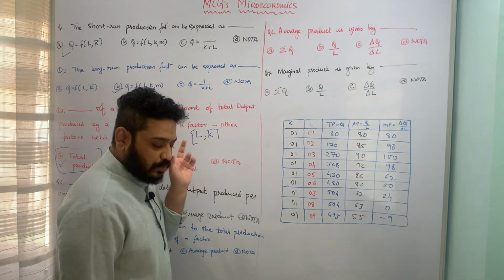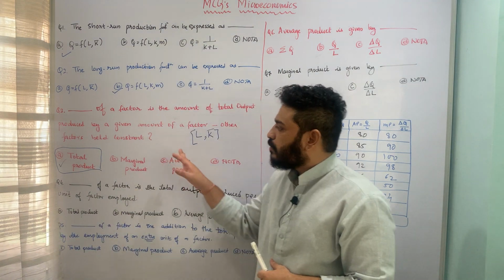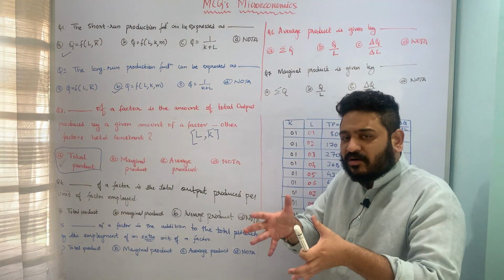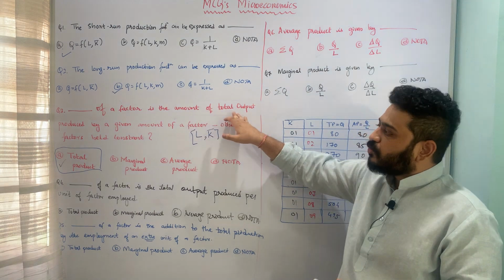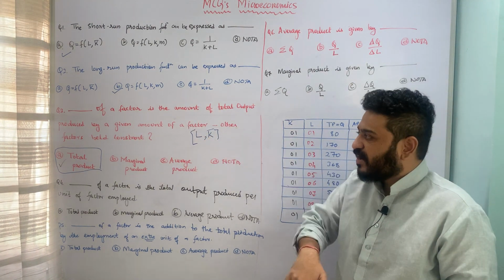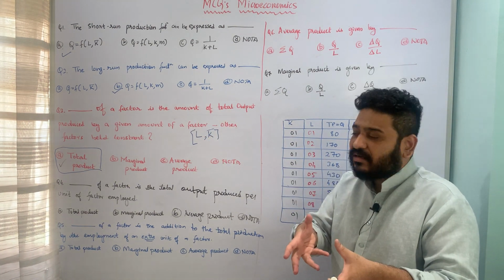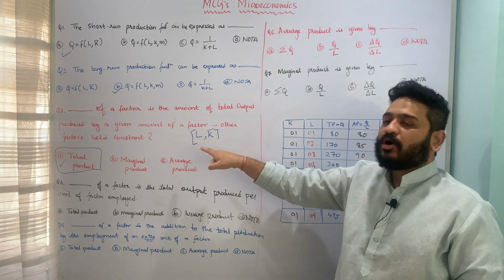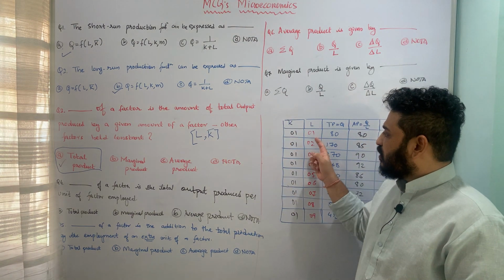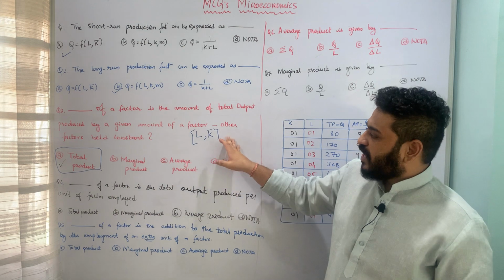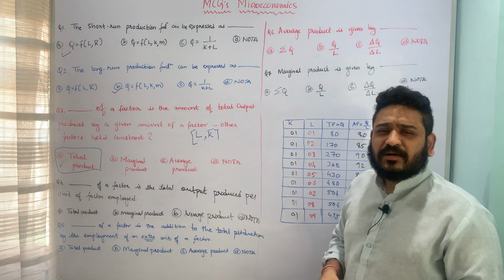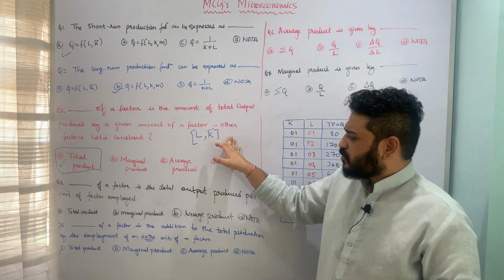This is how you can look at the concept of total product. Capital is held constant, labor is allowed to vary, and this is called the total product concept. I hope this question is pretty much clear.